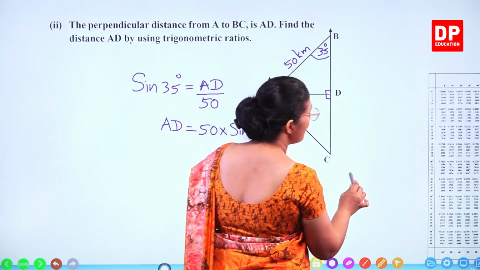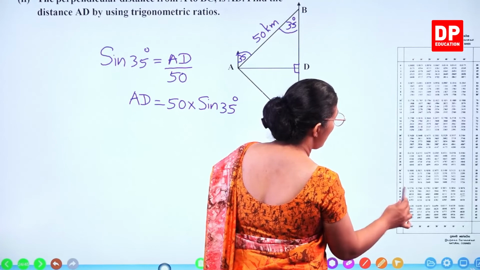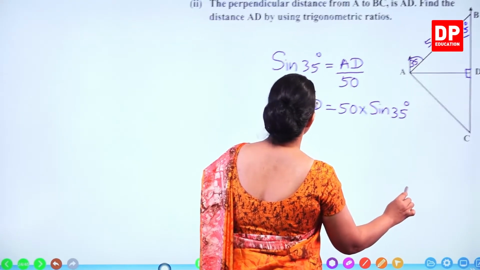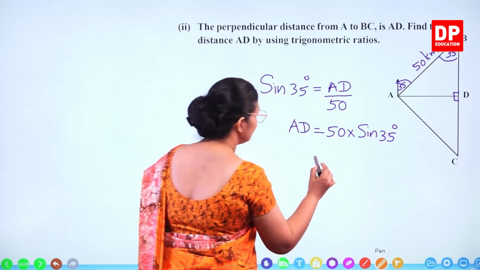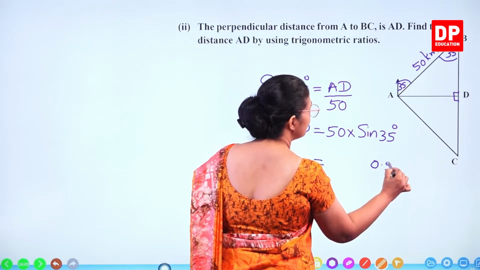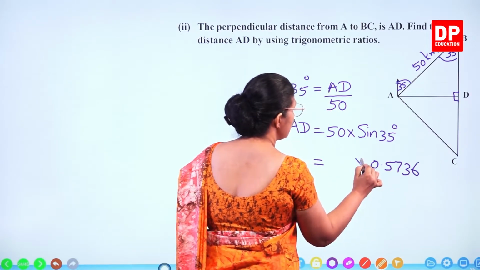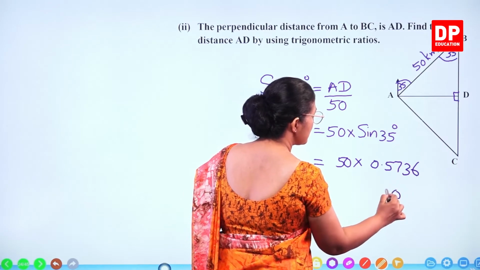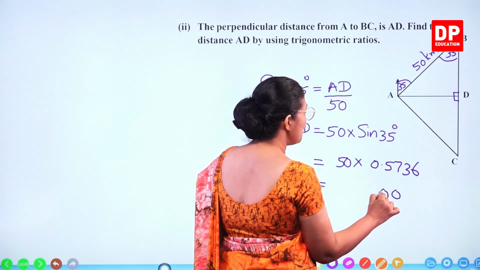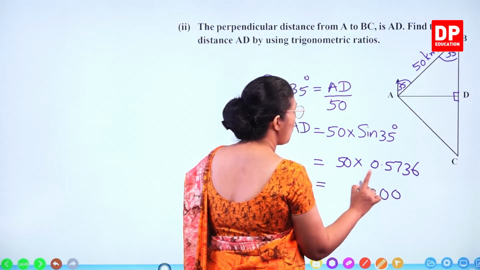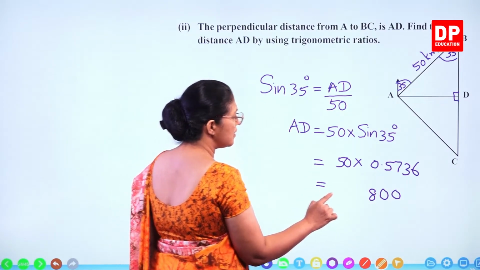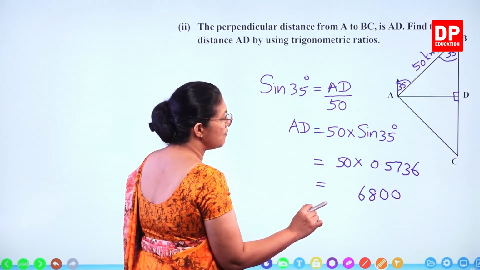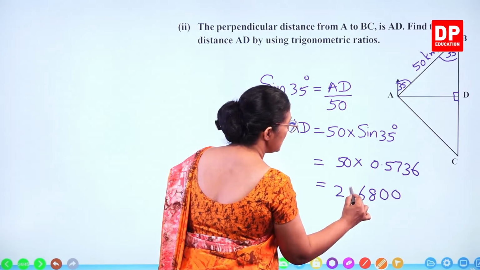So let's do that. Sine 35 is 0.5736. Multiply by 50. So 0, 5 times 6, 30. 3 remaining. 5 times 3, 15 plus 3, 18. 1 remaining. 5 times 7, 35 plus 1, 36. 3 remaining. 5 times 5, 25 plus 3, 28.